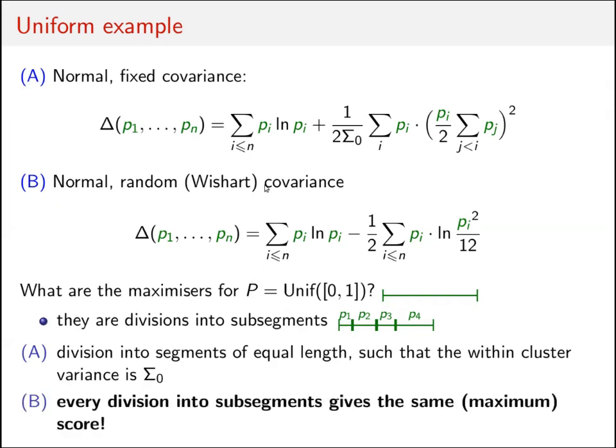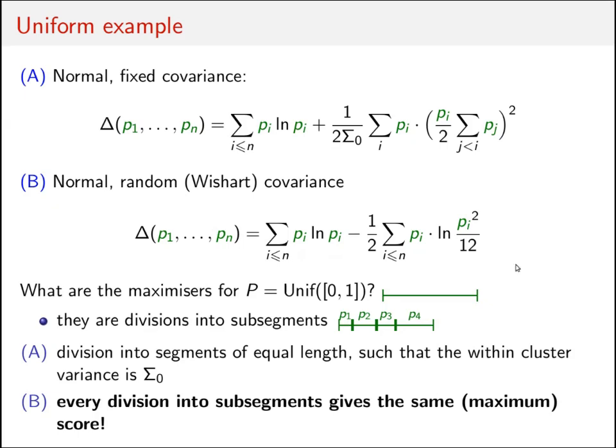But the latter case is much simpler, because it turns out that no matter what division into subsegments you choose, you get the same value of the objective delta, which is easily computed. This was kind of surprising for us, and we treated it as a disadvantage of the MAP approach in the varying covariance model.